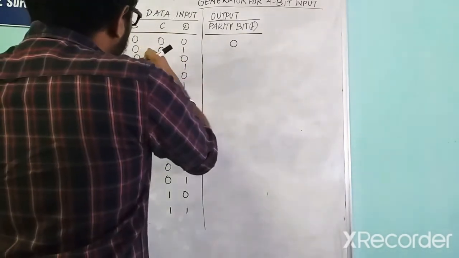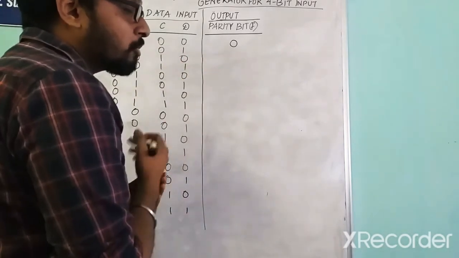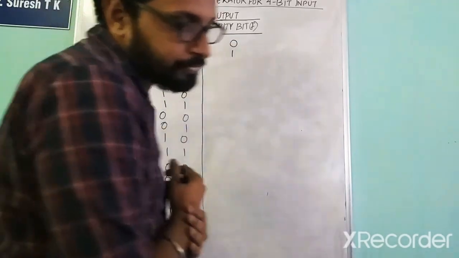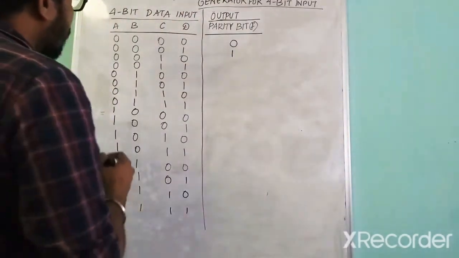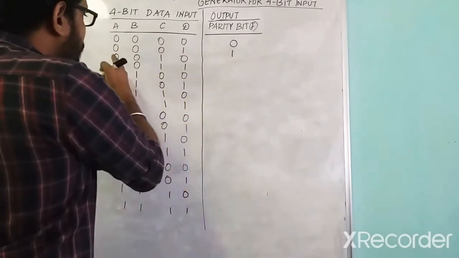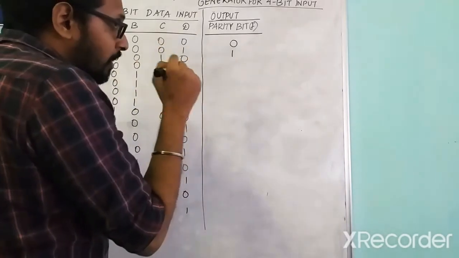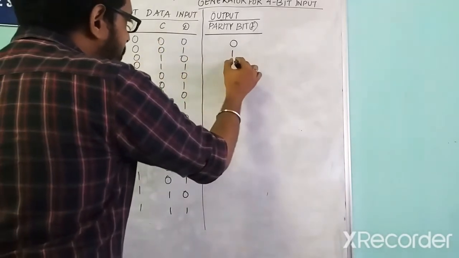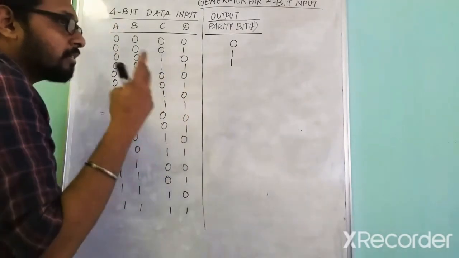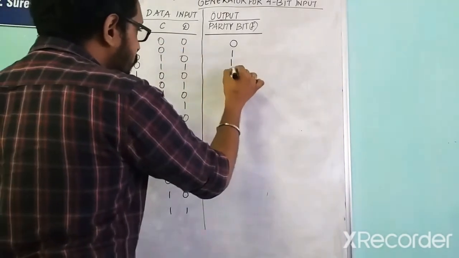Next is 0001. The number of ones is odd, so we put a 1 there. Then 0010, the number of ones is odd, so we should make this even by putting a 1 here. 0011 already has an even number of ones, so 0.